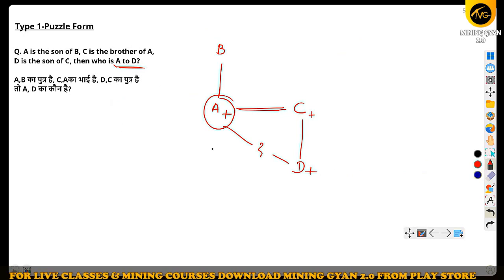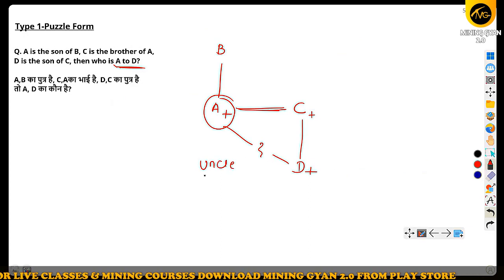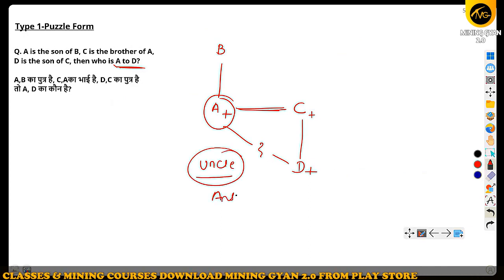Okay, so suppose A and C are brothers and D is the son of C. That means A will be uncle for D. Uncle is the correct answer, because the question is asking who is A. If the question were asking who is D, the answer would be nephew.